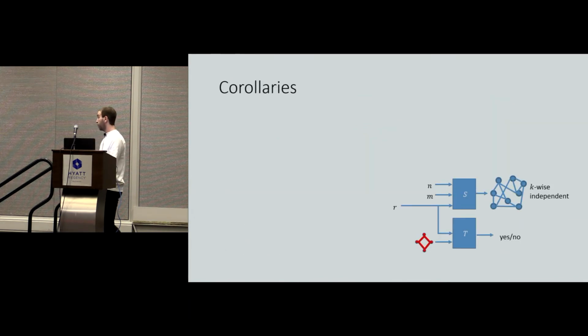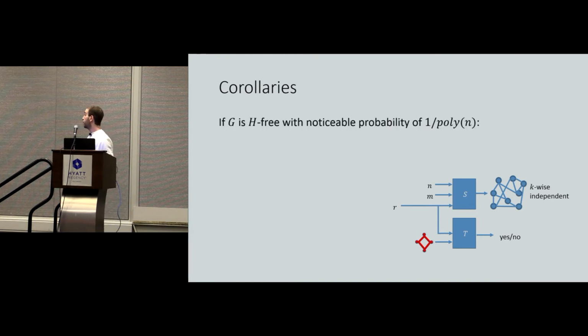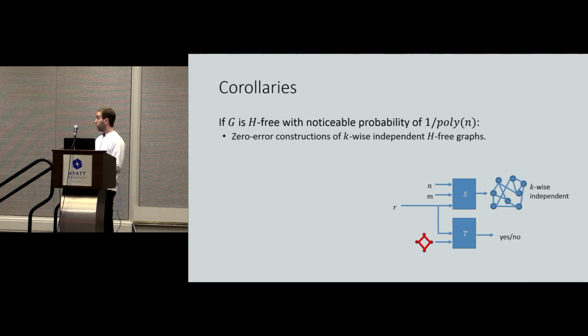And we have some corollaries from the main theorem. So the first one is that if G is H-free with noticeable probability of 1 over poly n, that is, that there are some good graphs, then in polynomial time we can find such a one. Then we have a zero-error construction of k-wise independent H-free graphs.